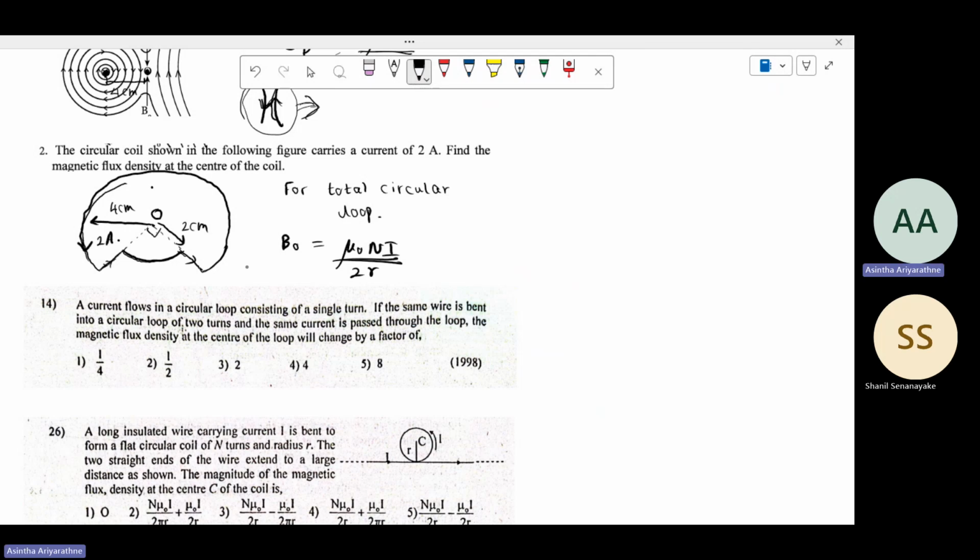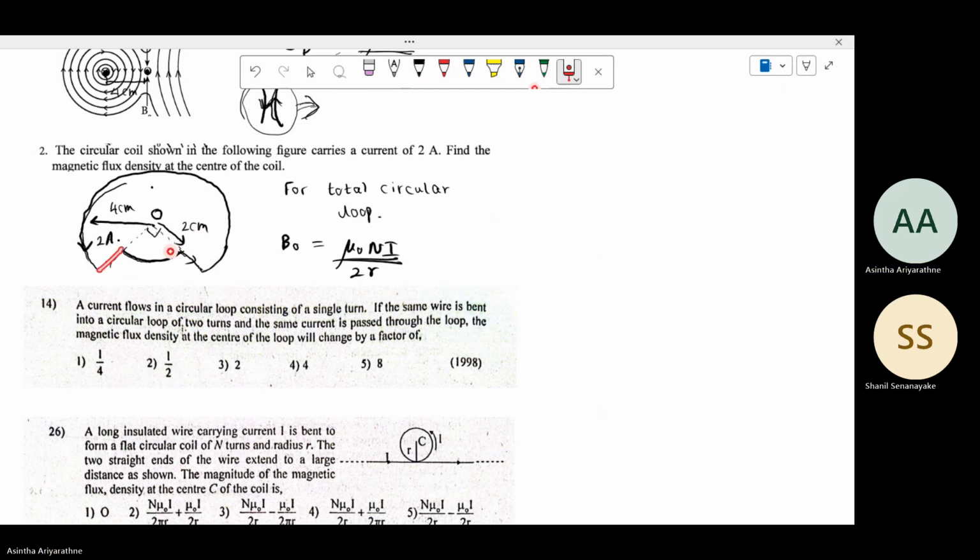The angle between the current carrying conductor and the line drawn connecting the current carrying conductor and the point where the magnetic flux density is needed to be found is 0. If you consider these two lines, the angle is 0. So sine 0 is 0, which means the total expression delta B equals 0.